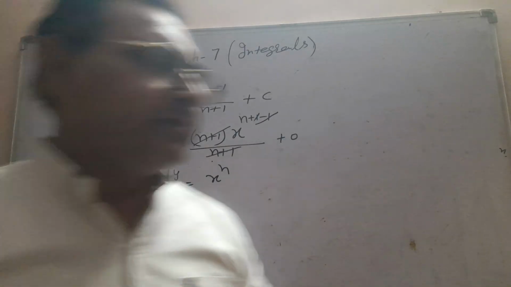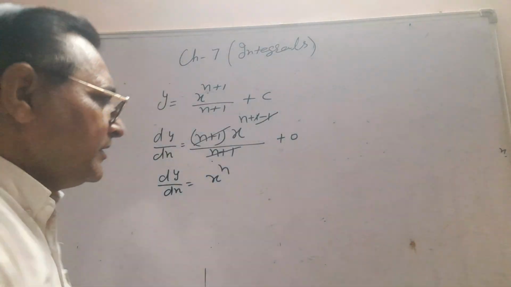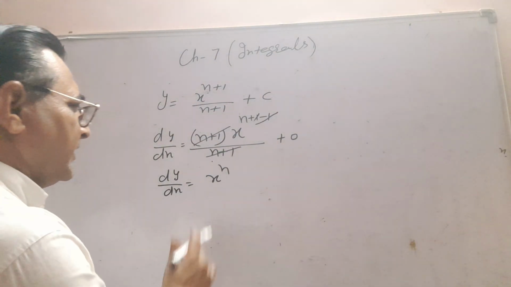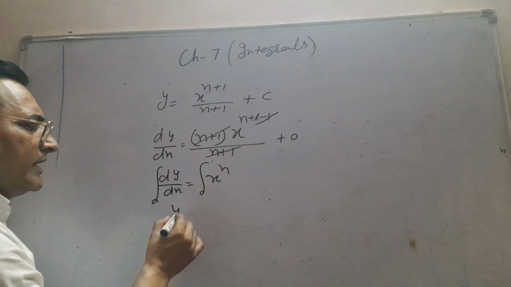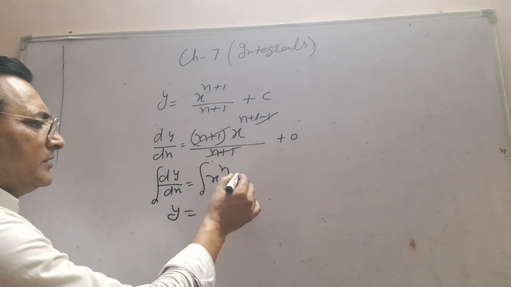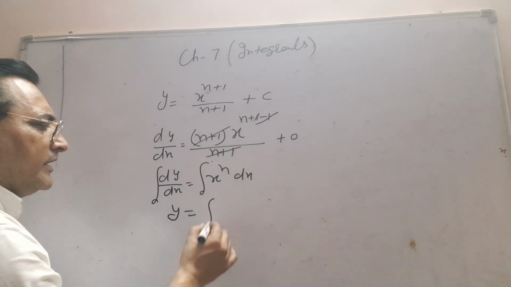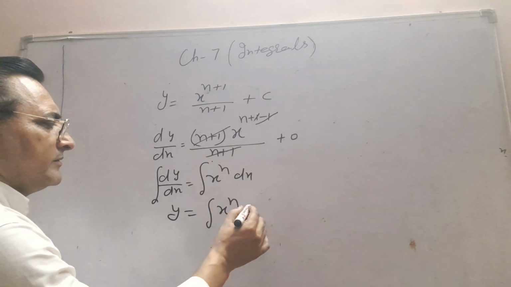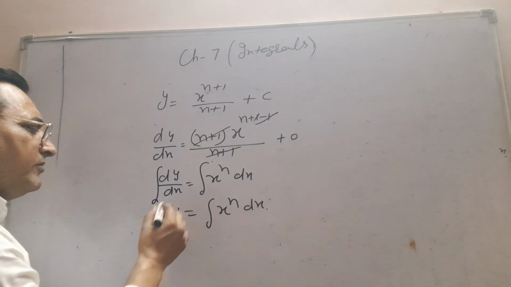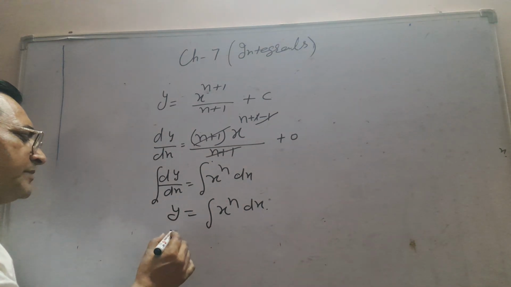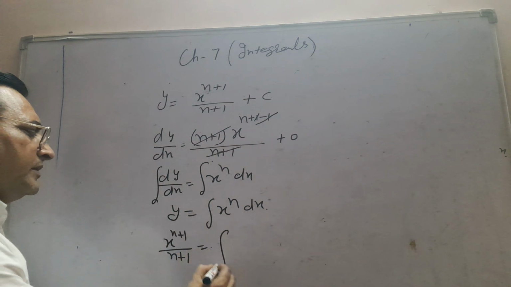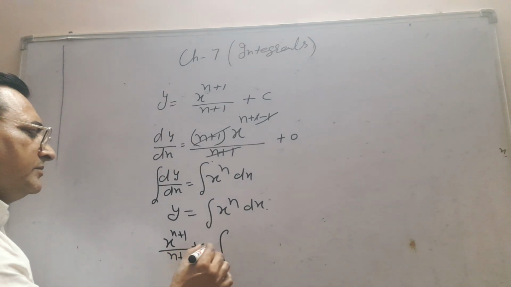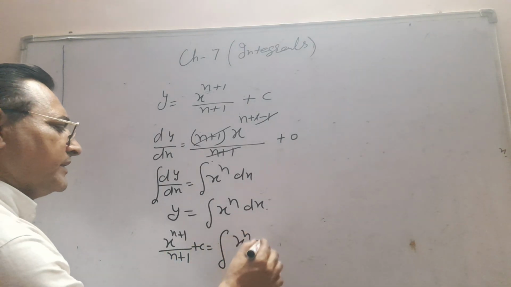Now we will integrate both sides, or we can say we take the antiderivative of both sides. So we will get the function y is equal to the integration of x power n into dx. So what is the value of y? y is x power n plus 1 upon n plus 1 plus c, which is equal to the integral of x power n dx.